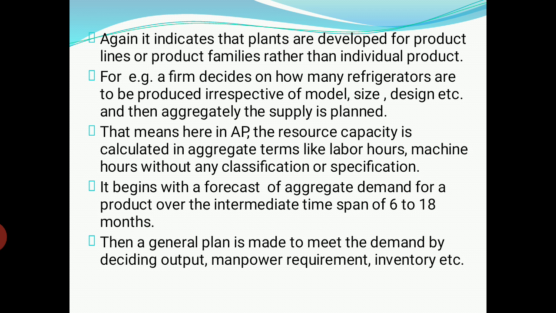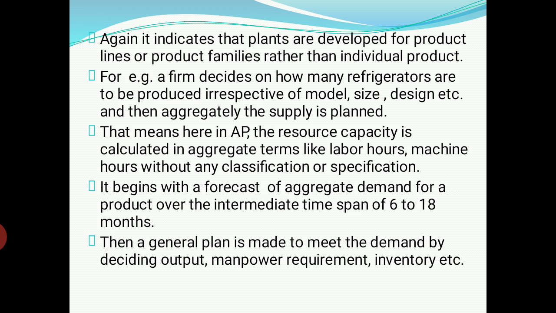That means irrespective of the size, which model, which size or which design will be in more demand, that is not considered. Instead, what is considered is the aggregate number of demanded items.